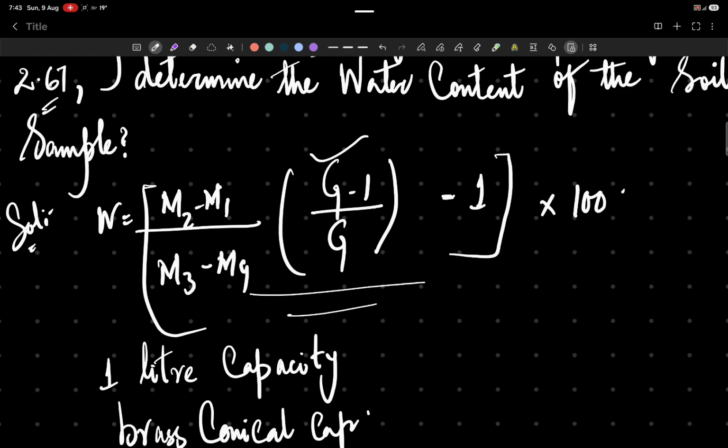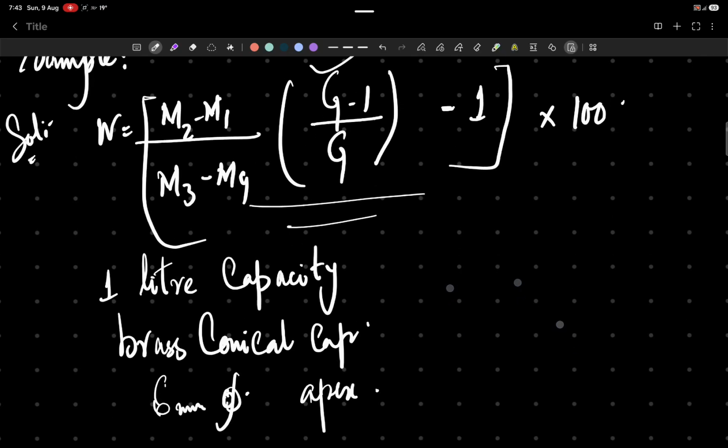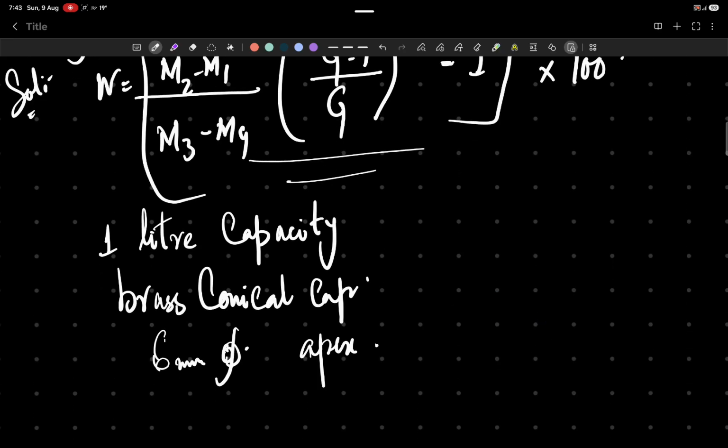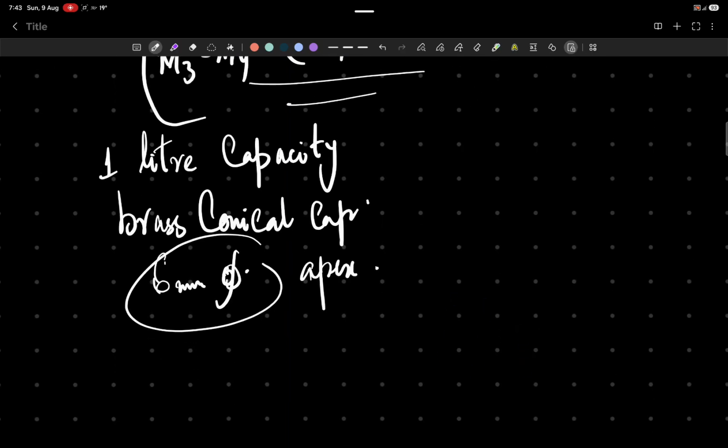So this was about the picnometer, which is a glass jar of about 1 liter capacity, fitted with a brass conical cap by means of a screw type cover. This cap has a small hole of about 6 mm diameter at its apex, and a rubber or a fiber washer is placed between the cap and the jar to prevent the leakage. Now how do we proceed with the test? A sample of wet soil about 200 to 400 grams.